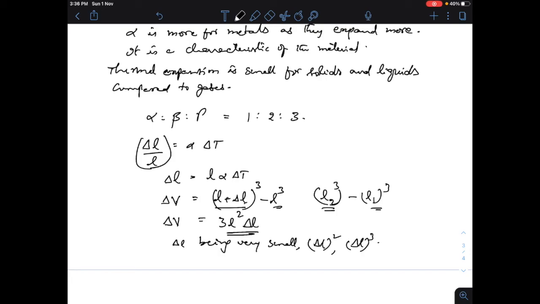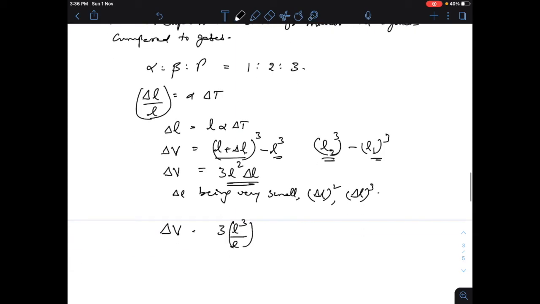Now I can write delta V as 3 L square delta L, and rearranging, L cube by L times delta L. L cube is nothing but volume, so I can write this as 3V delta L by L.